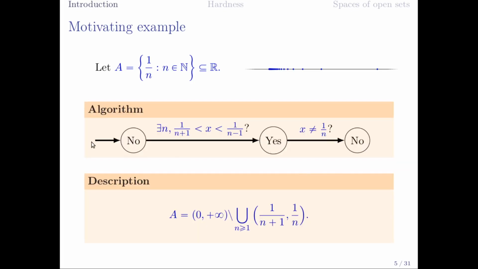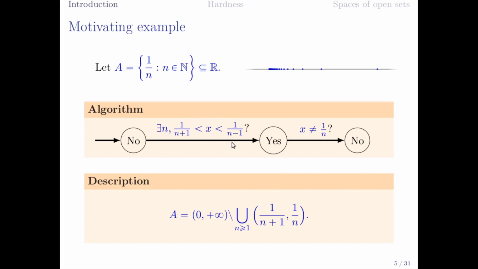There is a simple algorithm to test membership in A. In the real numbers and in continuous spaces, we usually cannot decide sets because of continuity problems, but we can have algorithms that answer the question in the limit. Here we have an algorithm that takes a real number as input and starts by saying no, it's not in the set. Then it tests essentially whether the point is positive, looking for a number n such that it's in this interval.